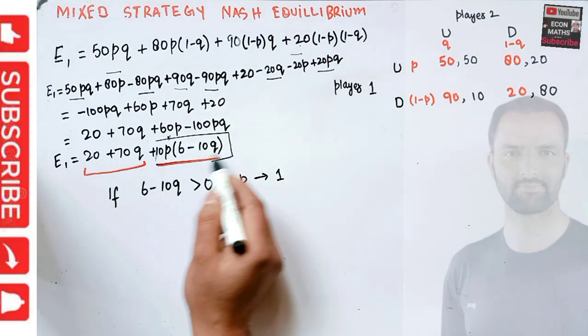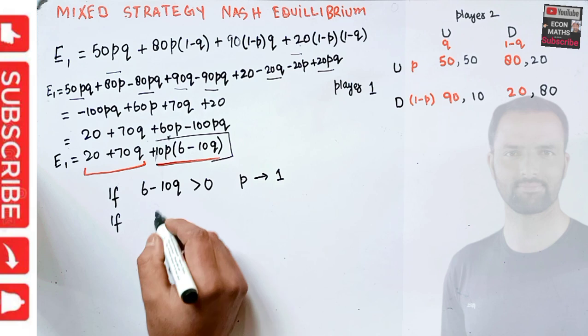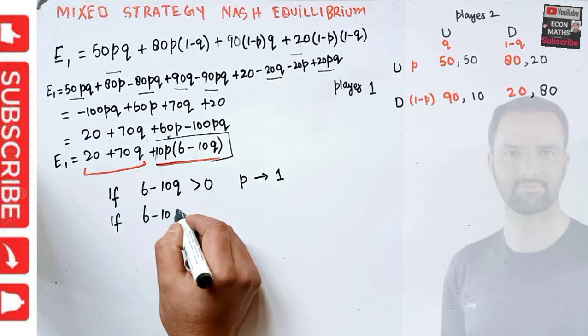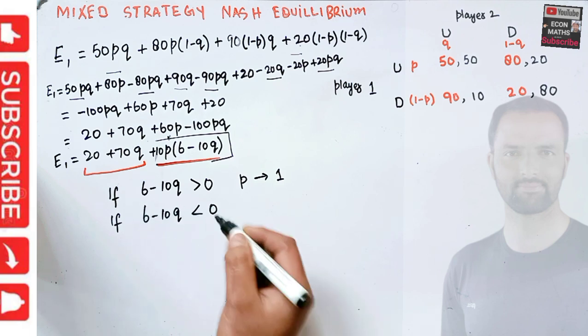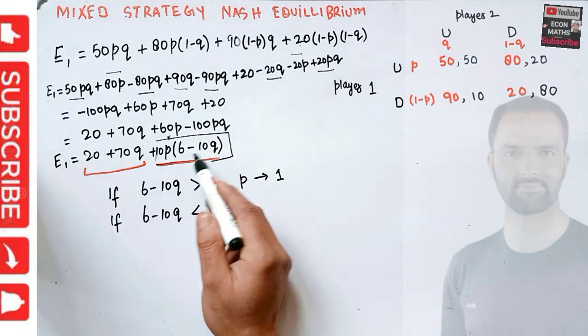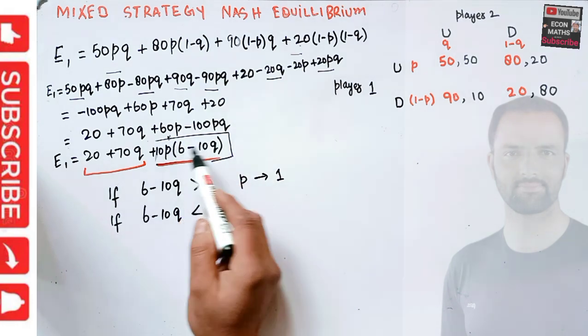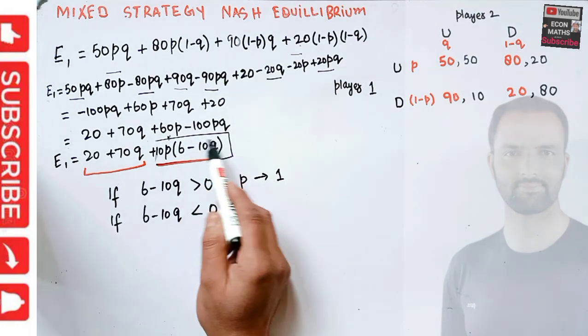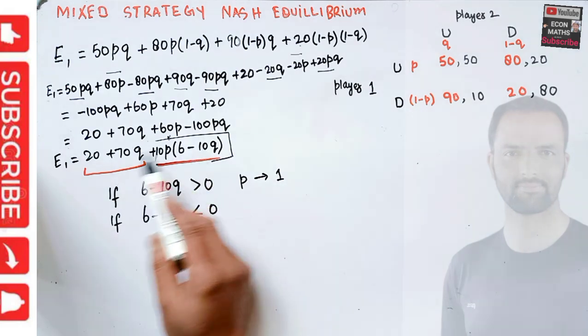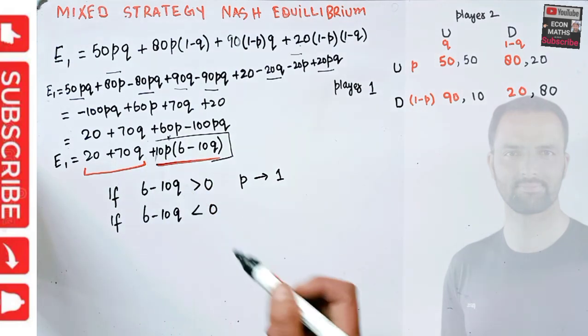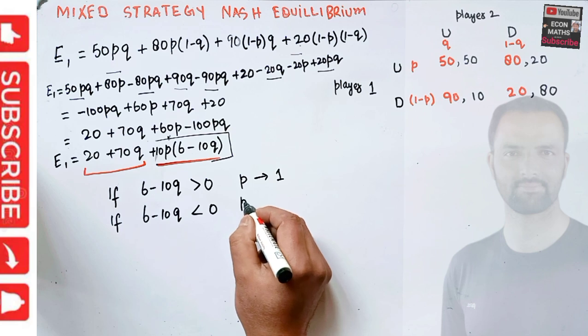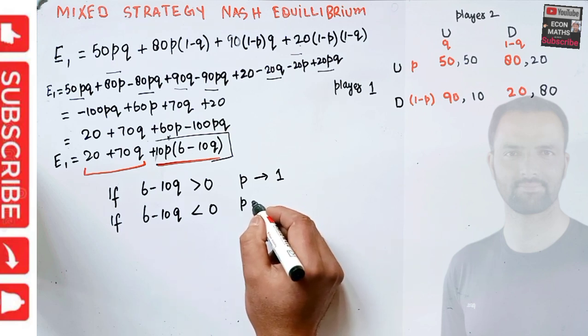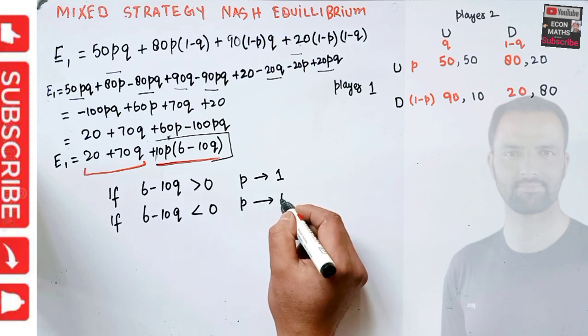Okay, if 6 minus 10q is less than 0, what will happen? The expected payoff will decrease, because if this term becomes negative, the expected payoff will decrease. So player 1 will choose P with probability 0.